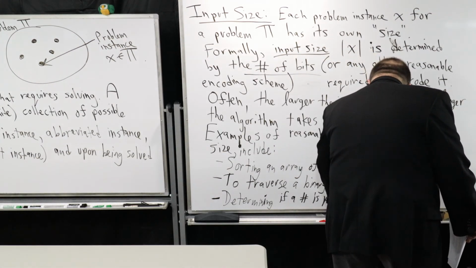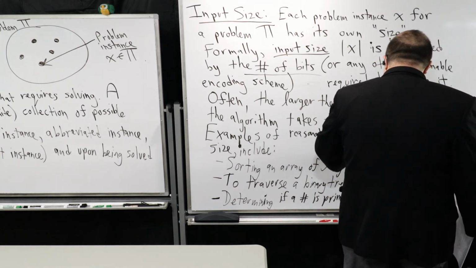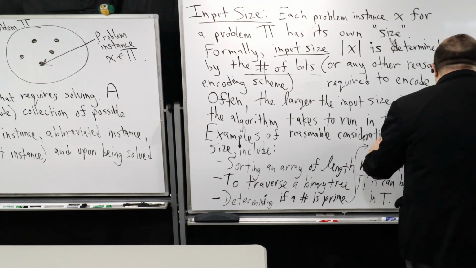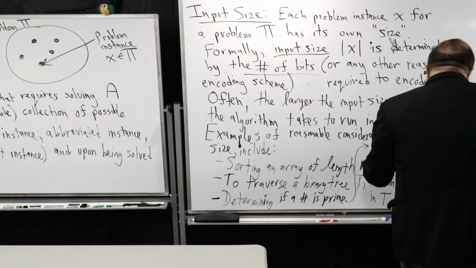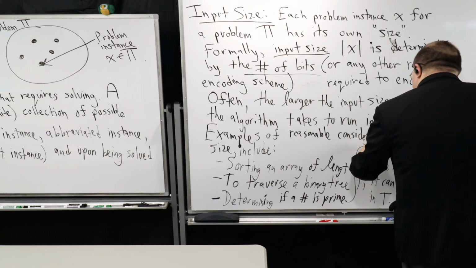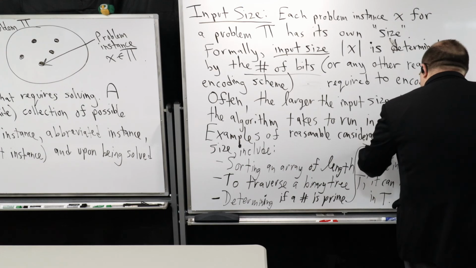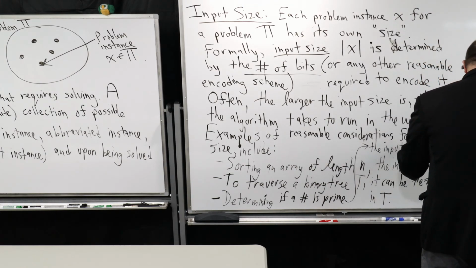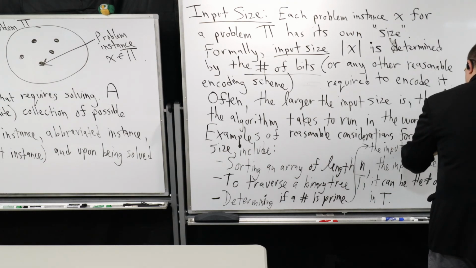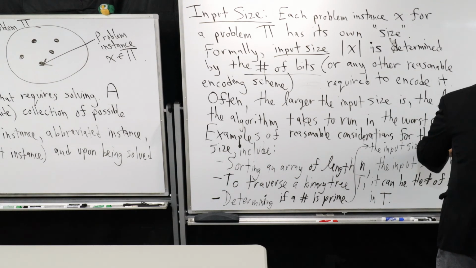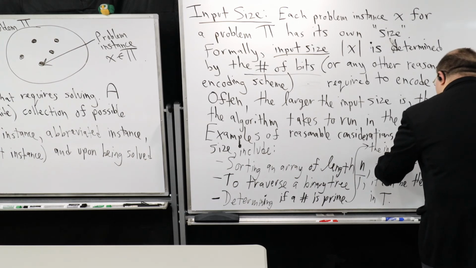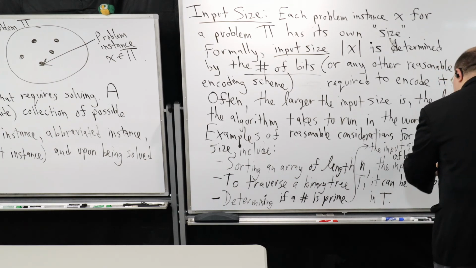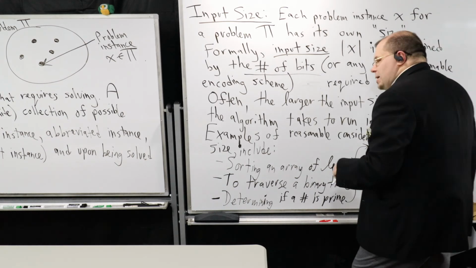I'm running out of space here, let me just jam it in right here. If the number is prime, then the input size is the number of bits, the number of bits to represent that number.